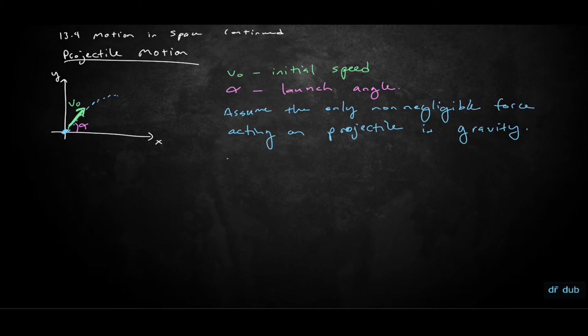So Fg, force due to gravity, is going to be negative mg j hat. So that's going to be the only non-negligible force acting on this.